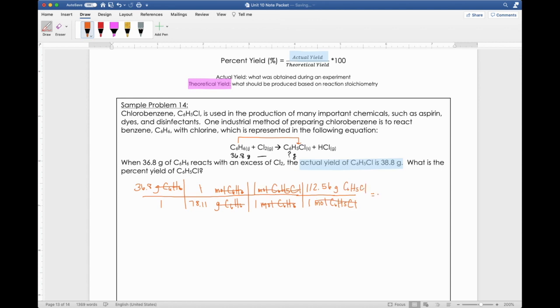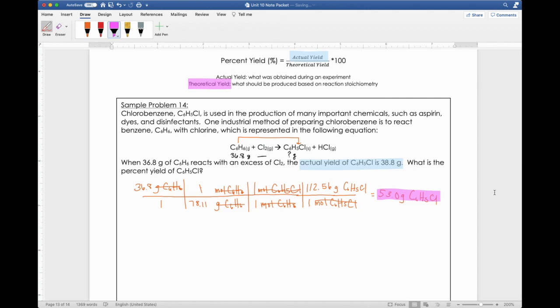And when you solve for that, you should get 53.0 grams of this chlorobenzene. This right here is what you theoretically could produce. According to the reaction stoichiometry, you could produce a maximum of 53 grams of this chlorobenzene.